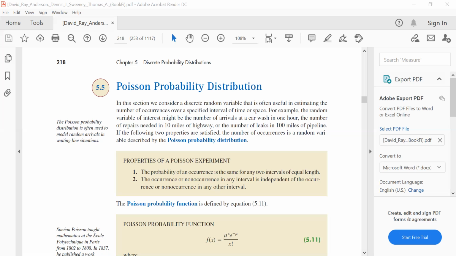Now, in this example, the receiving of a telemarketing phone call by Mr. Abdullah is called an occurrence.